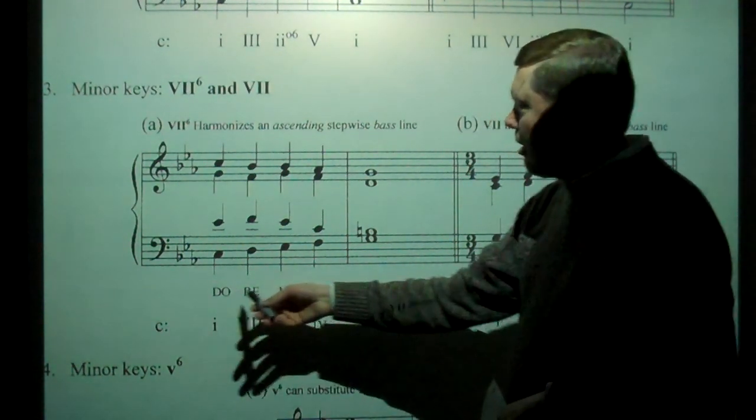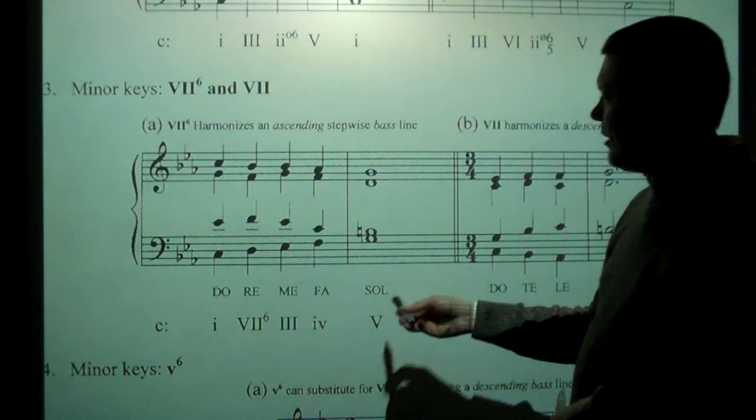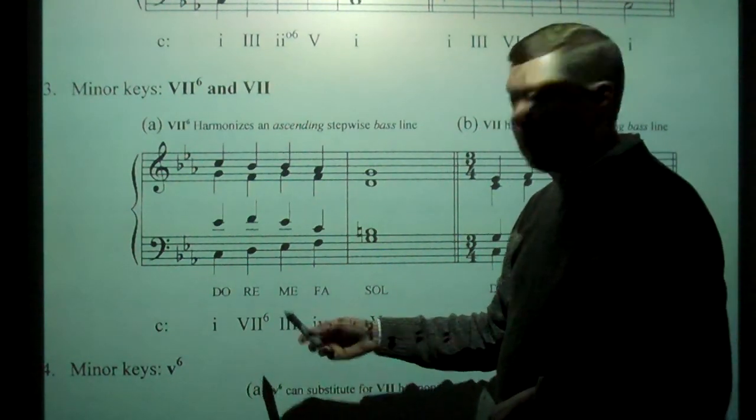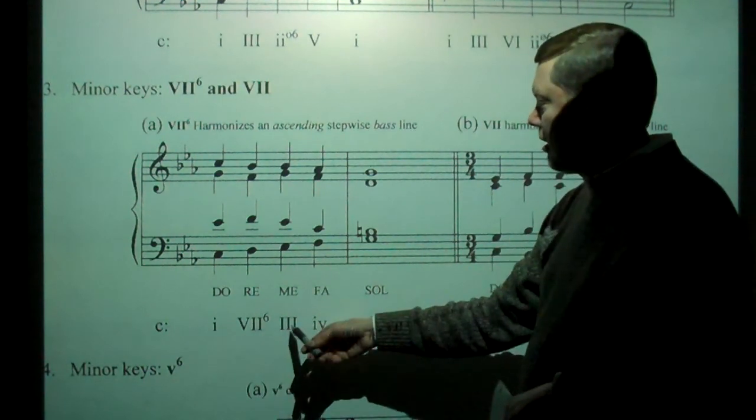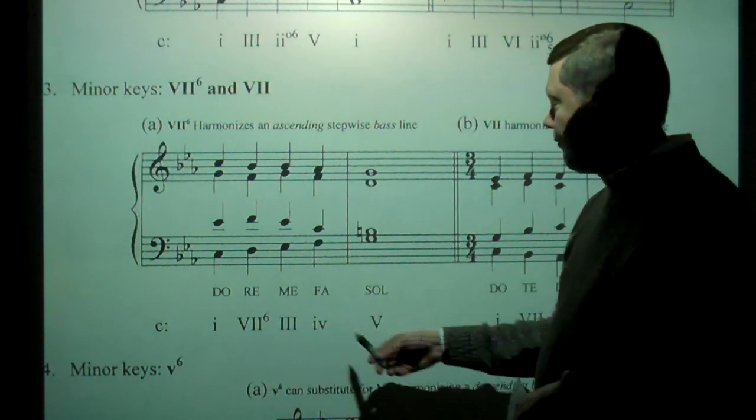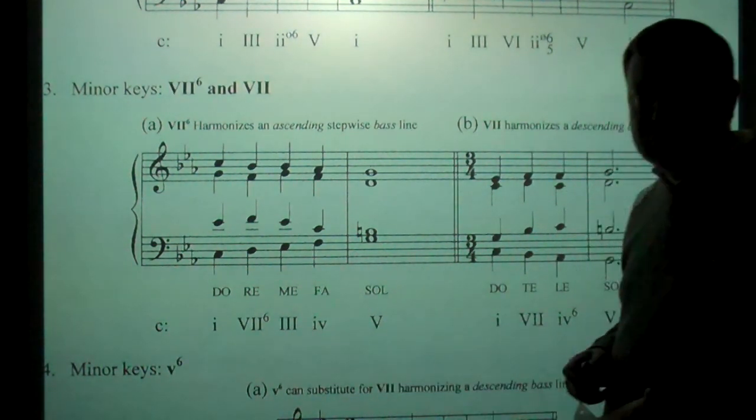And it turns out I can harmonize this ascending stepwise bass line with these Roman numerals, or with these chords: 1, 7 diminished 6, 3, minor 4, and capital or major 5.